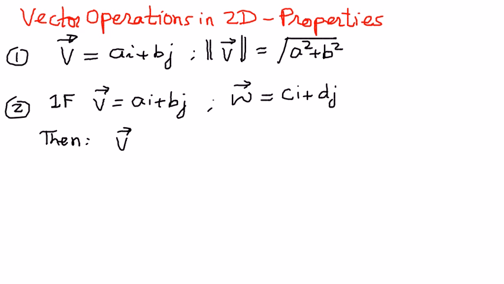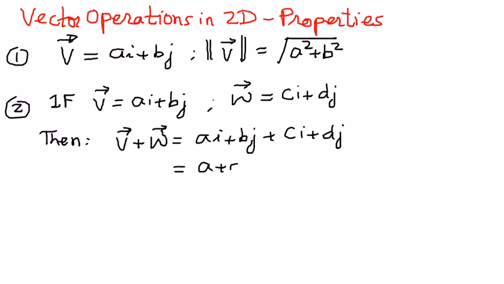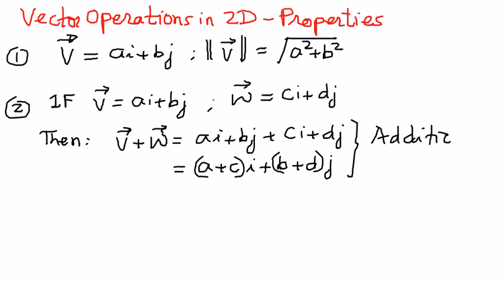Then vector V plus vector W, we can write this as AI plus BJ plus CI plus DJ. Therefore, we can combine similar looking terms and then write this out as (A plus C)I plus (B plus D)J, and therefore this is what is called the addition property of vectors. This is the addition property.